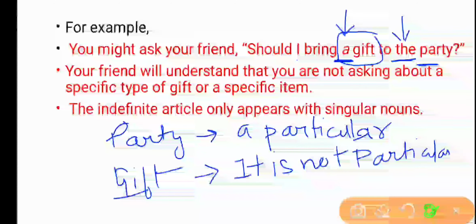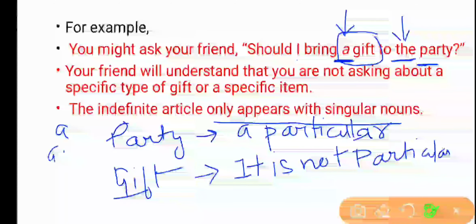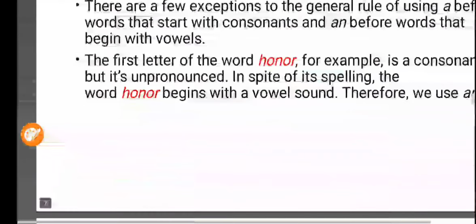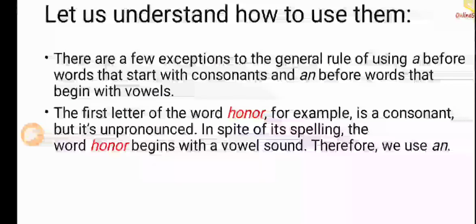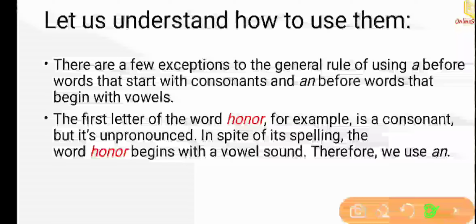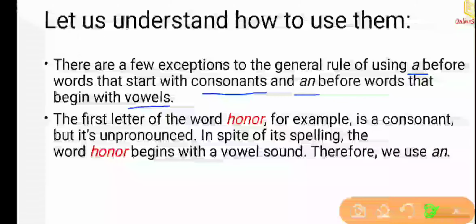The indefinite article only appears with singular nouns because "a" and "an" both refer to one entity. Now, let us understand how to use them. There are a few exceptions to the general rule of using "a" before words that start with consonants and "an" before words that begin with vowels.